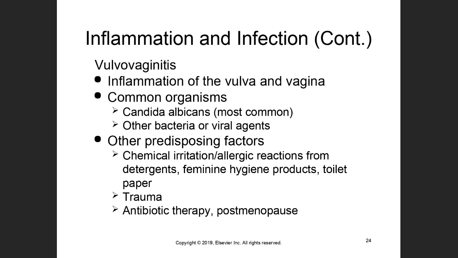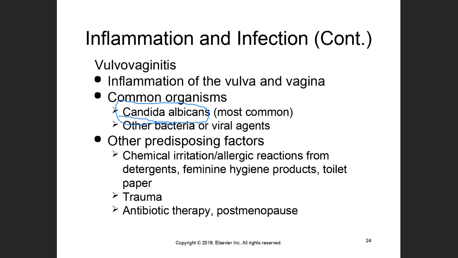Vulvovaginitis is inflammation of the vulva and vagina. Common organism, this is the most common one: Candida albicans. Candida albicans is a fungal infection. Also could be bacteria or viral. Other predisposing factors: chemical irritation, allergic reaction, feminine hygiene products, toilet paper, trauma, antibiotic therapy, postmenopause, and also patients with diabetes.